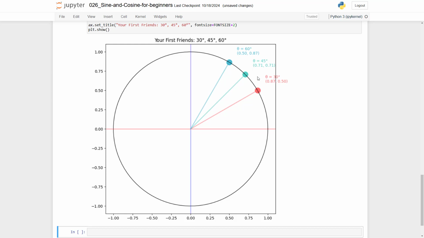With the 30 degrees it's a bit more interesting. At 30 degrees we see the cosinus 0.87, but the sinus we can see is exactly 0.5. You see, if you think about a line here, you would see that it is equal.